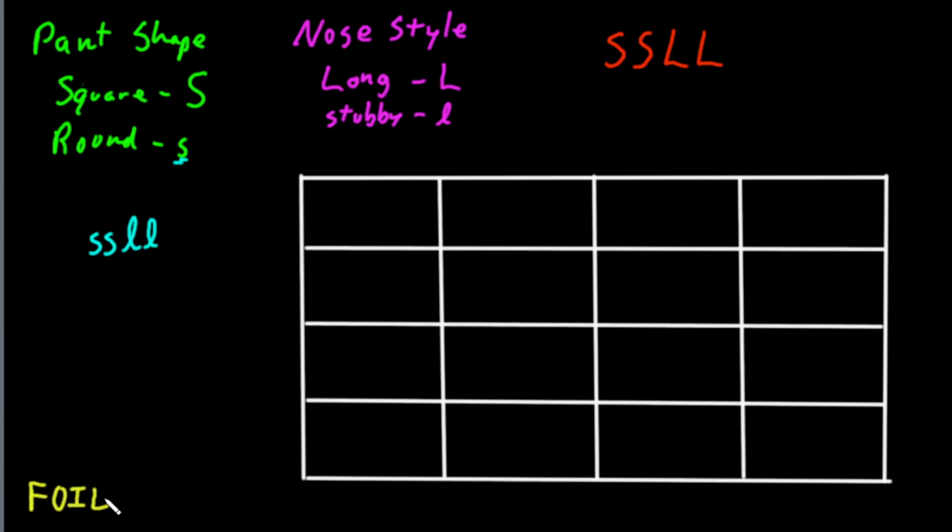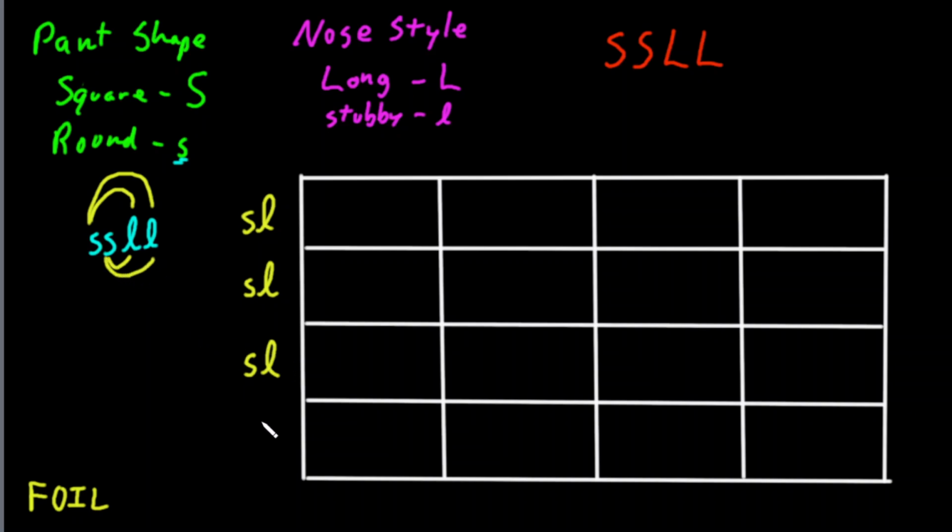Remember that in order to sort out the gametes, we're going to use our FOIL: first, outside, inside, last. So looking at the first of each letter, it will possibly be an S and an L. Looking at the outside, again, it would be an S and an L. Inside, little s, little l.